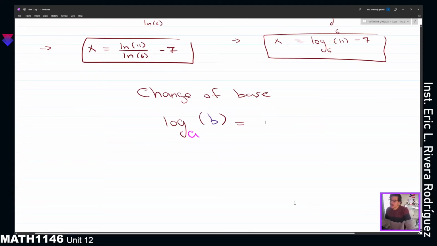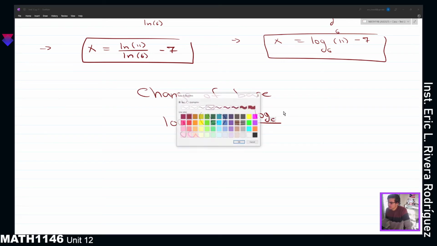So we can change to any base that we want using the following formula. Log base C is going to be the new base.